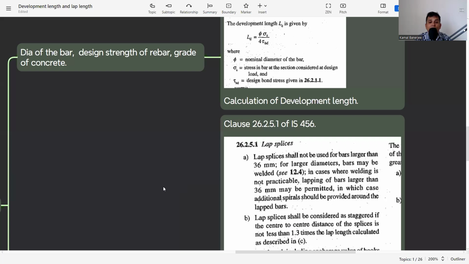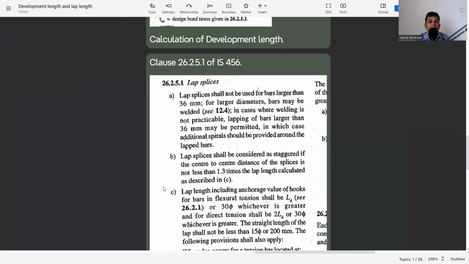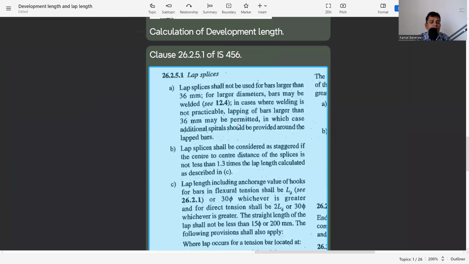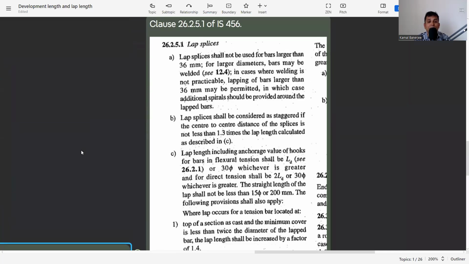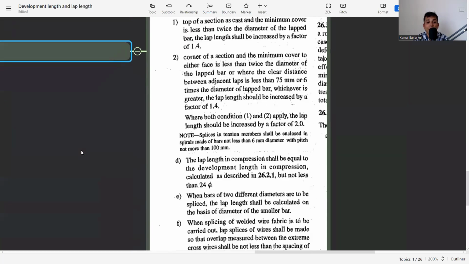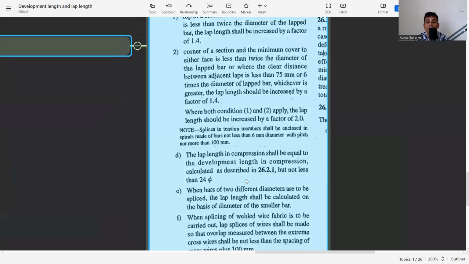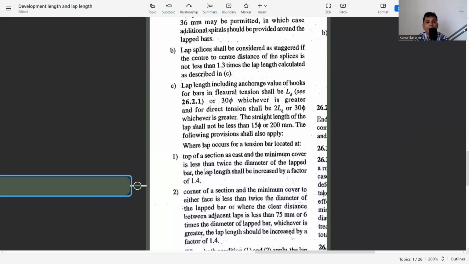In IS 456, clause 26.2.5.1 gives all the details of how we can determine the lap or splices, where lap splices shall not be used, what the minimum diameter is, and what the lap will be when two different diameters overlap, suppose 20 mm and 25 mm overlapping each other. Then there is also the lap length in compression. So let's check one by one.